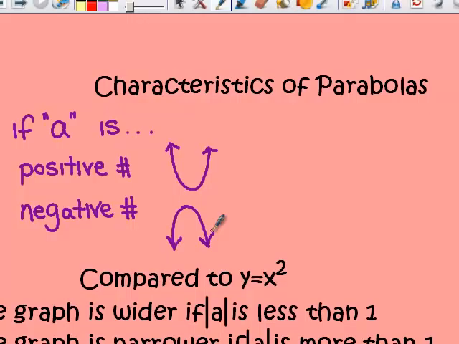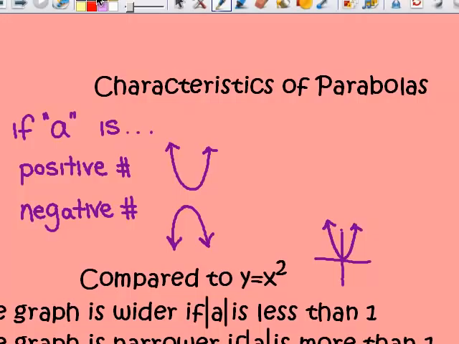So real quick, we can look at the function without graphing and tell whether the graph goes up or down. Now on the bottom here, if we were to compare every single graph that we did to the original y equals x squared, which is what I gave you in the first slide, you can tell also by looking at the A. So if you take the absolute value of A, meaning regardless if it's negative or positive, if it's less than 1, then the graph will be wider. And so here is your regular x squared.